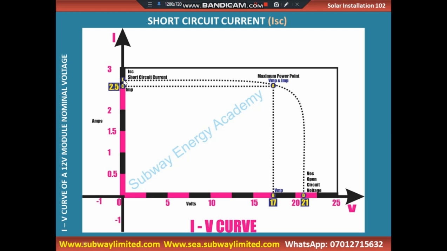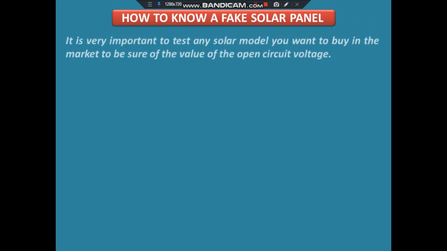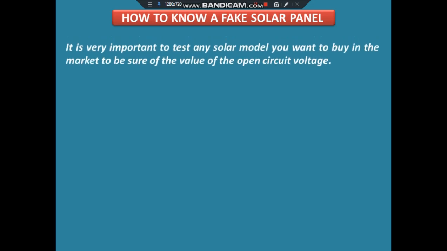So before we move to analyzing the solar panel nameplates, let's take a look at how you will know a fake solar panel. How do you know a fake solar panel? It is important to test any solar panel module we want to buy. Most times when we are buying any solar panel, we go there with our multimeter to do the testing.